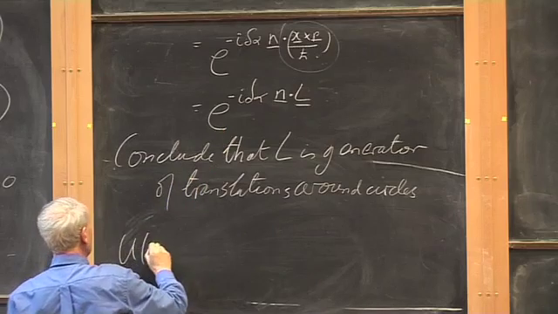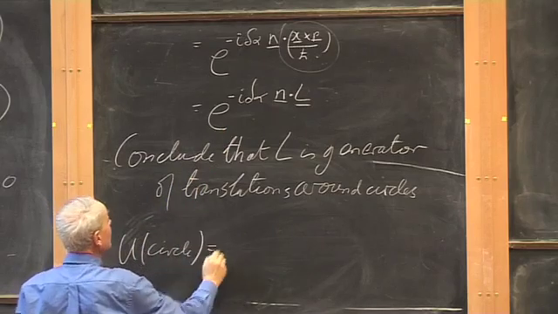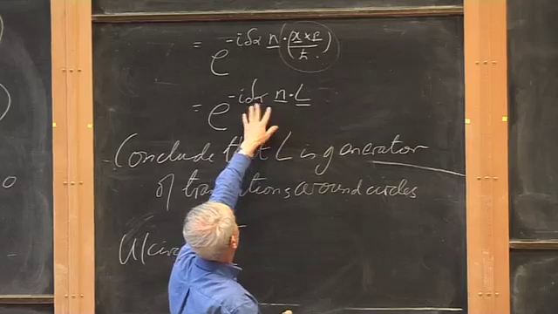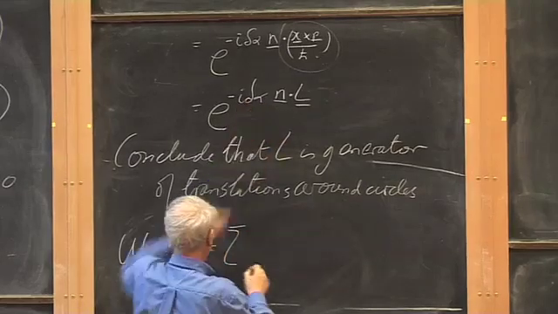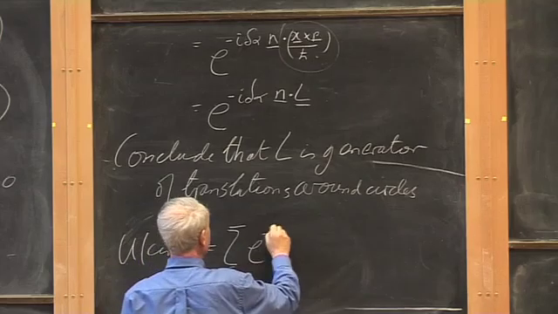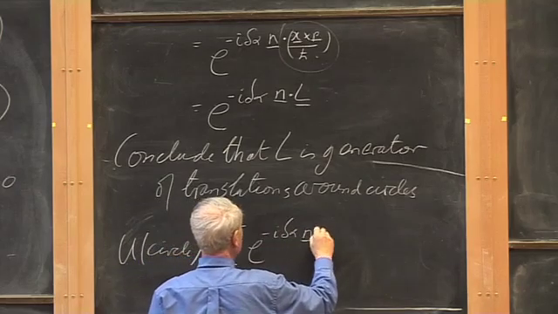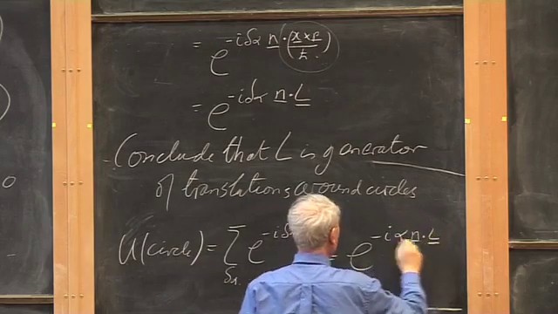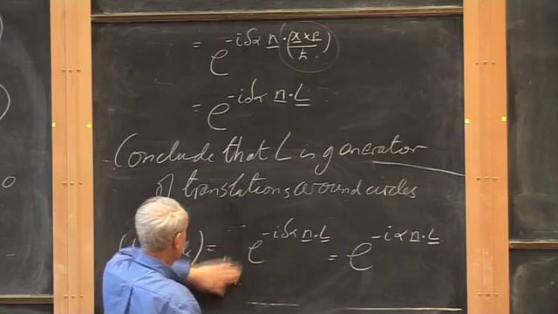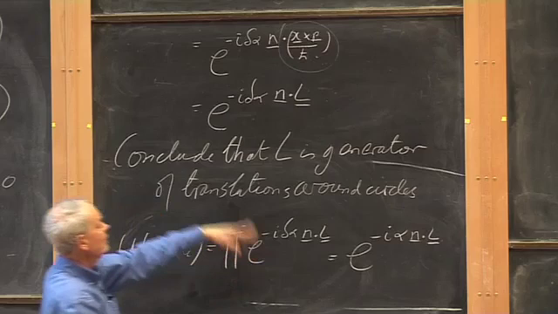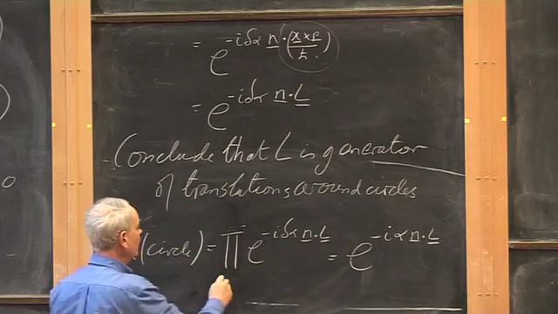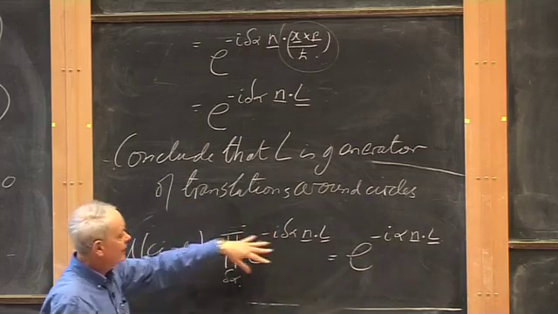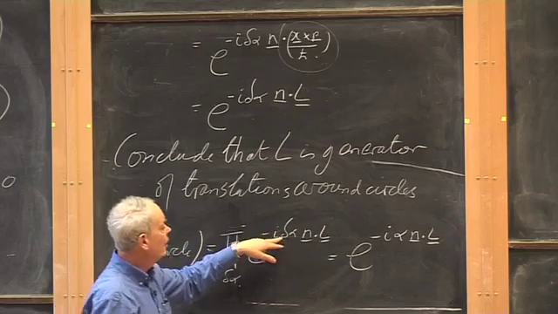So U for a circle is going to be the product of this for all sorts of delta alphas, e to the minus i delta alpha n dot L, which is going to be e to the minus i alpha n dot L. Right, if we make a series of transformations, each one by delta alpha, then that product of these exponentials can be written as the exponential of the sum of the arguments.